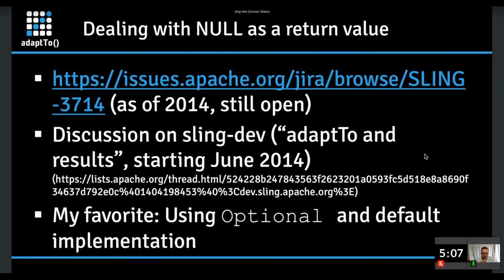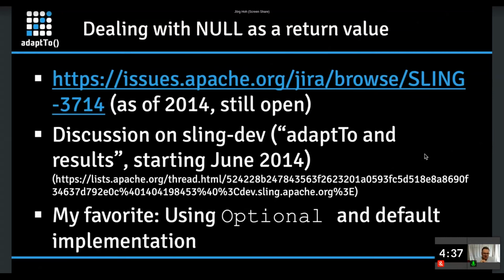And then Robert Montano posted on this five-year-old ticket in 2019, suggesting we could use Java optionals, and maybe a default implementation, and then you have at least a chance that adaptTo your class would return an optional. Well, you still need to check this optional.